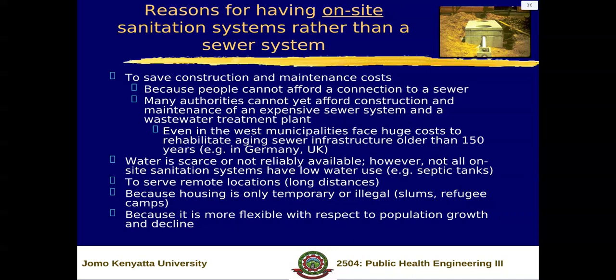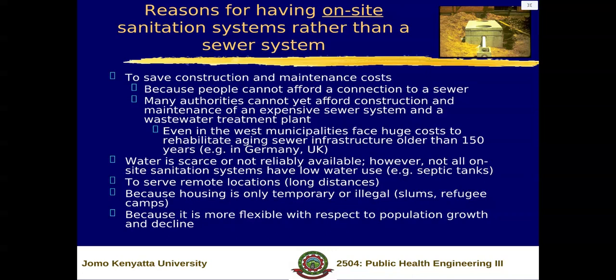And so what are the reasons for utilizing on-site sanitation systems rather than centralized sewer systems? One of them is the cost. If you think of a town like Nairobi, you need billions of shillings for areas that are not connected.